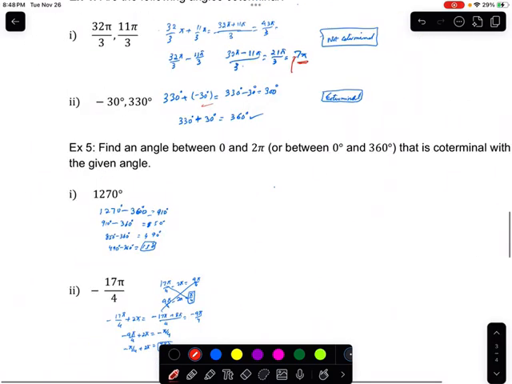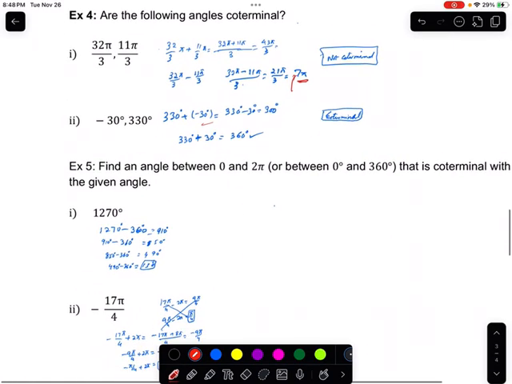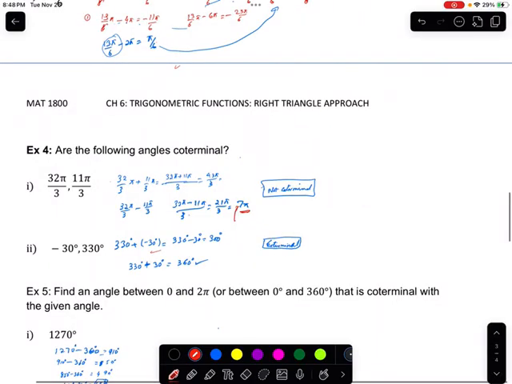Next, find an angle between 0 and 2 pi, or between 0 degrees and 360 degrees, that is coterminal with the given angle. How do we do this one? Well, we basically do the opposite of what we do to find coterminal angles.